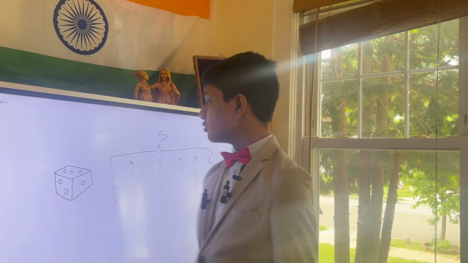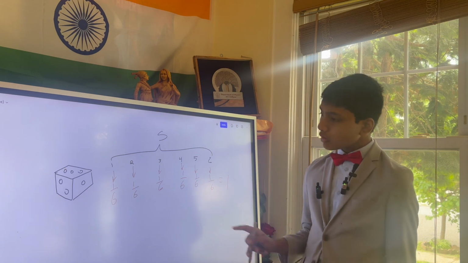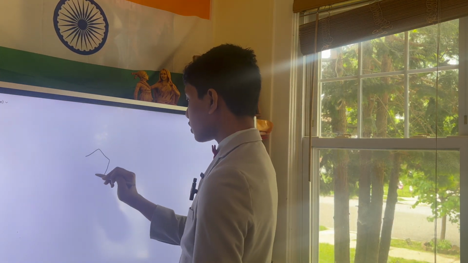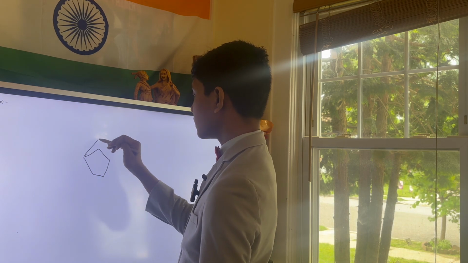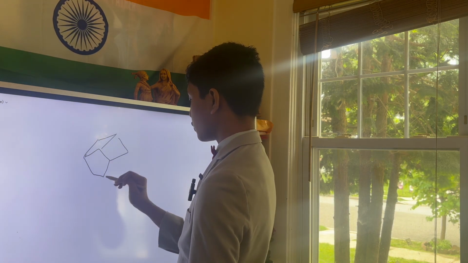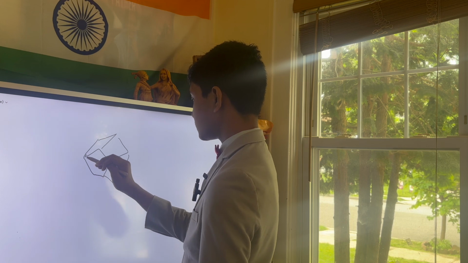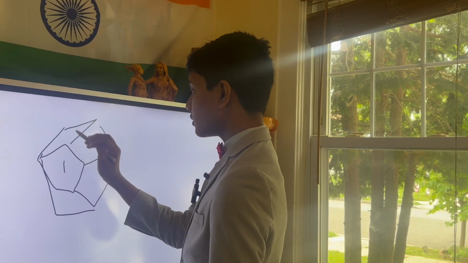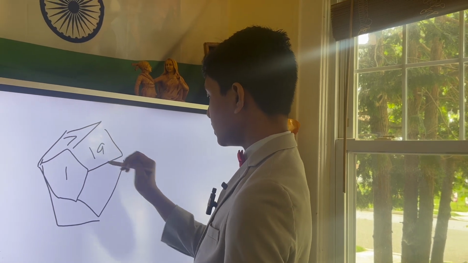Now I want to ask you, what happens if we take a d20? I don't know how to draw an icosahedron, but you can imagine one is here in its place.